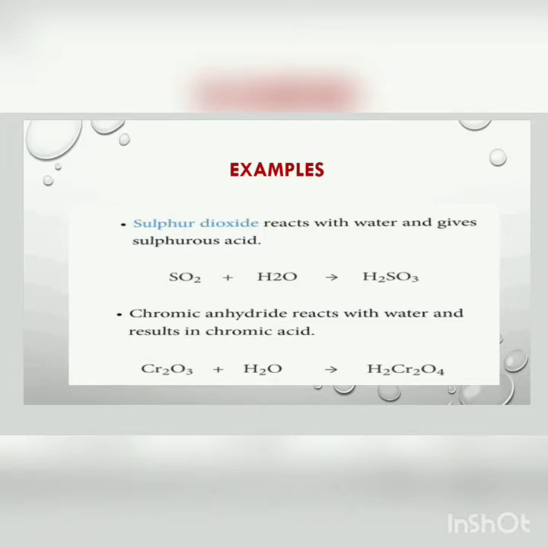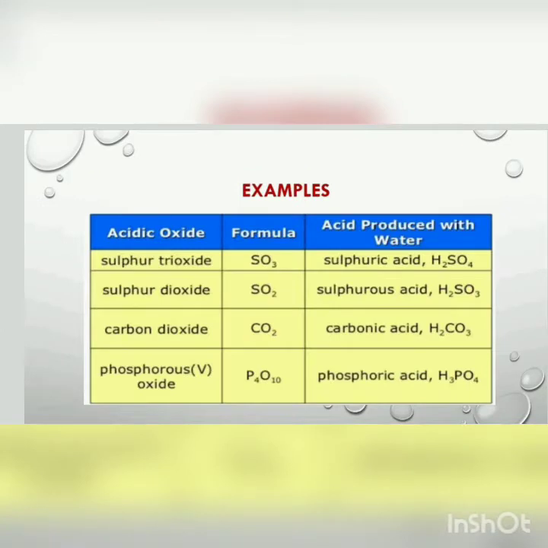When the oxidation state of the element increases, the strength of the acid increases. Other examples are sulfur trioxide, SO3, sulfur dioxide, SO2, carbon dioxide, CO2, and phosphorus oxide, P4O10.